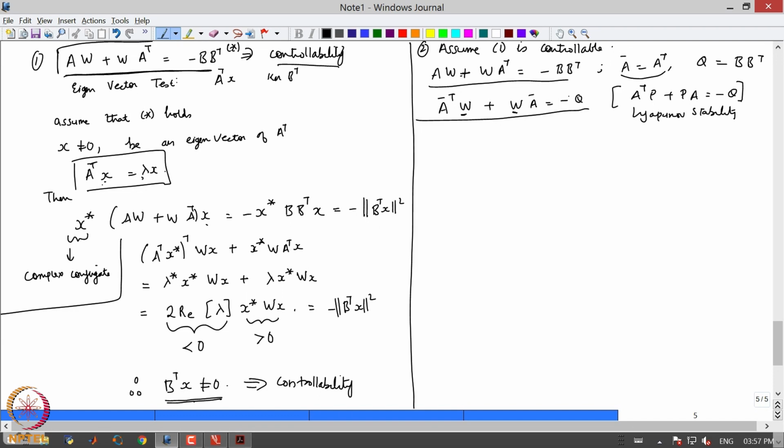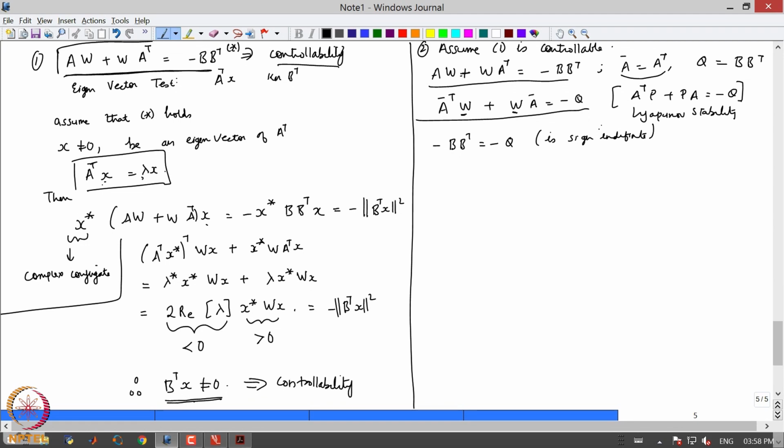The only problem we will have here is that this minus B transpose, which we called minus Q, is sign indefinite, or we can't actually conclude if this is positive definite or not.